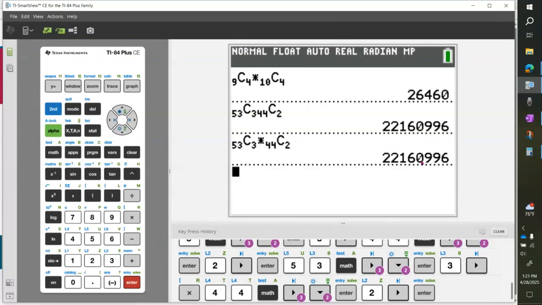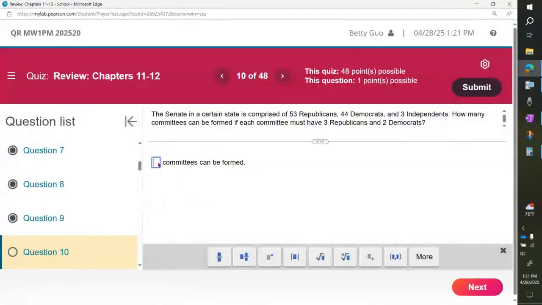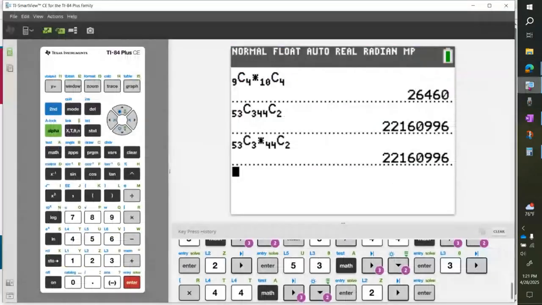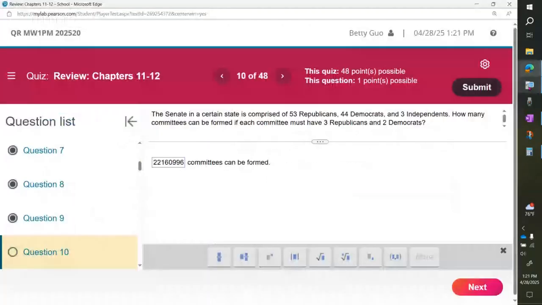Same thing, right? 22,160,906. Double check the entry. 22160906. Okay, very good. Next.